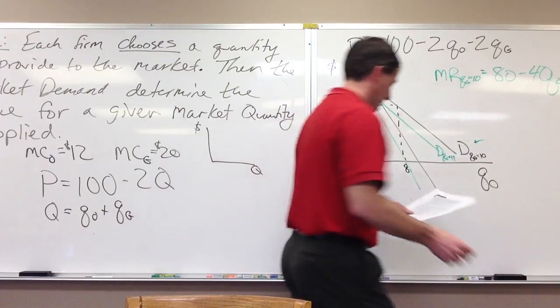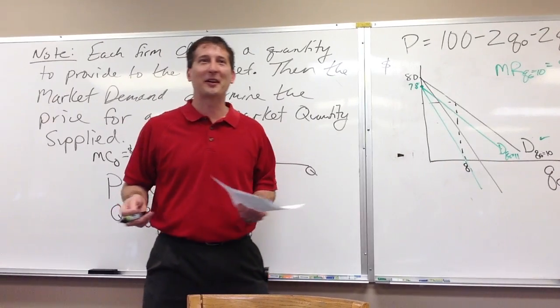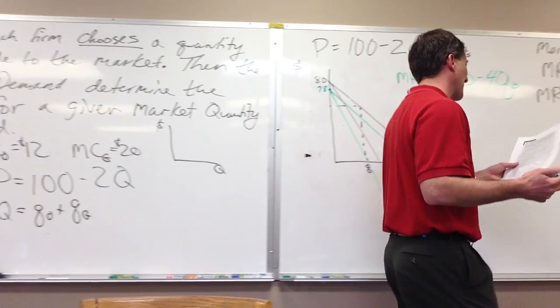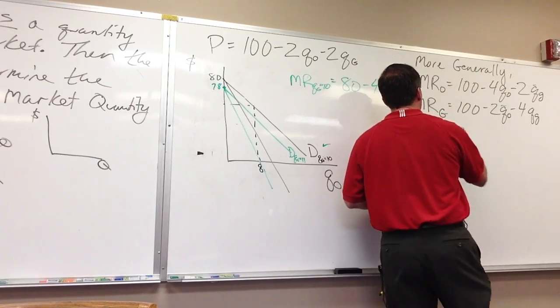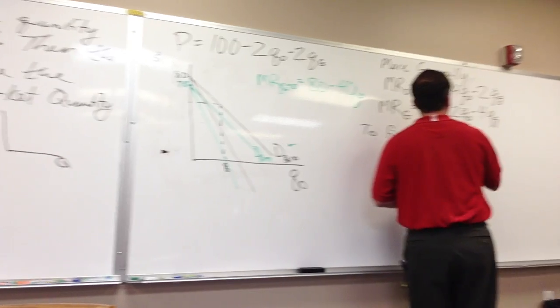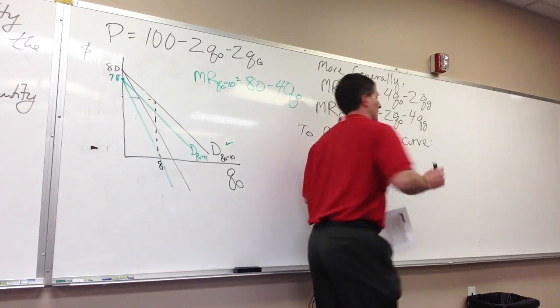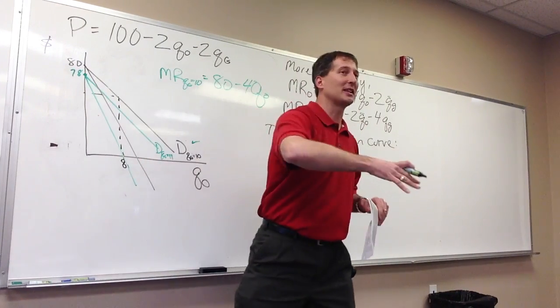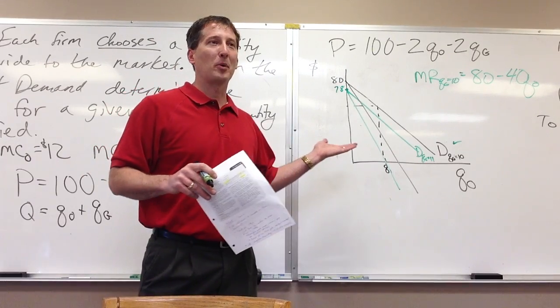Okay, so is that the reaction curve? We're getting close. We're getting very close, dangerously close, in fact. So to find the reaction curve, how will they actually react to each other? Well, they're going to do it in a profitable way.